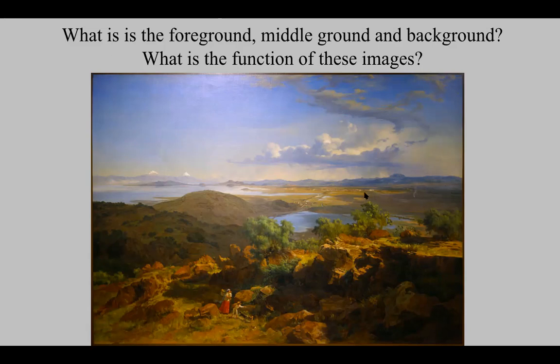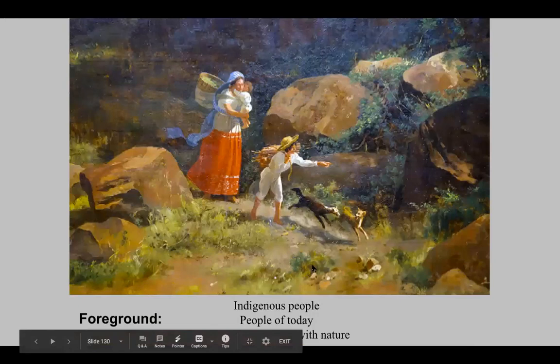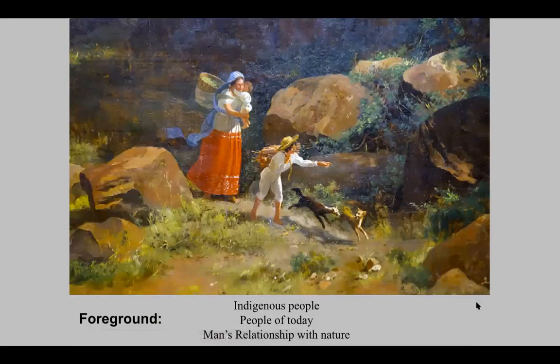And then you can see the mountains and the volcanoes in the distance, right? And so these things represent mythology with the volcanoes, with the sacred location of where the Virgin of Guadalupe was sighted, right? We have this contemporary person in the foreground, all of them echoing what we know about the people of Mexico.